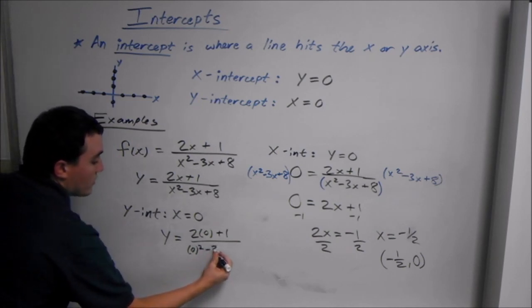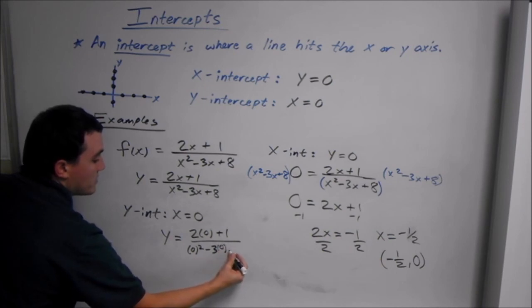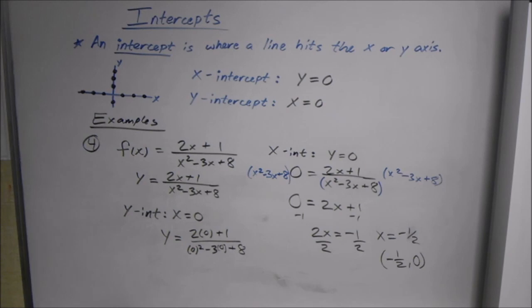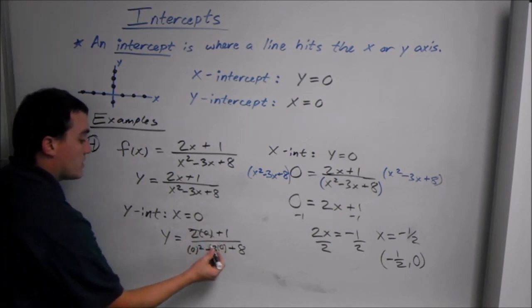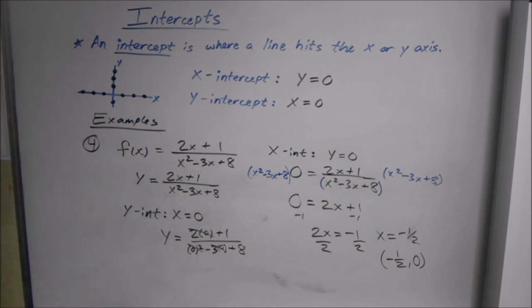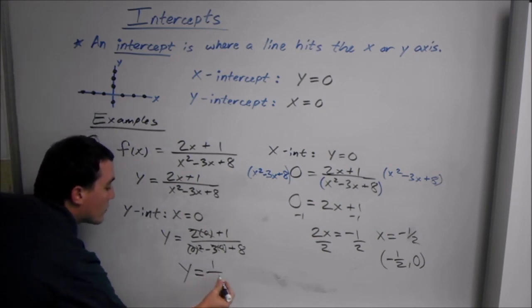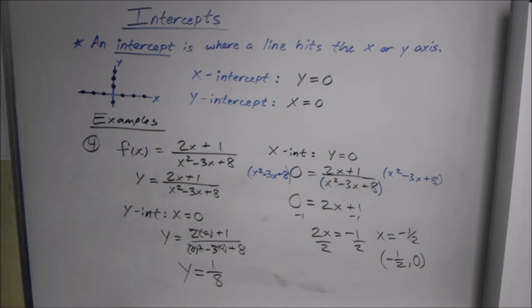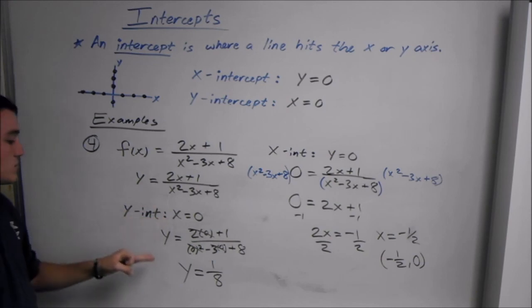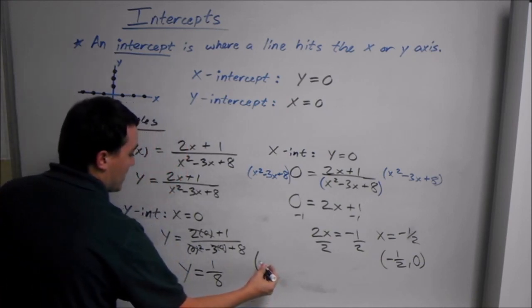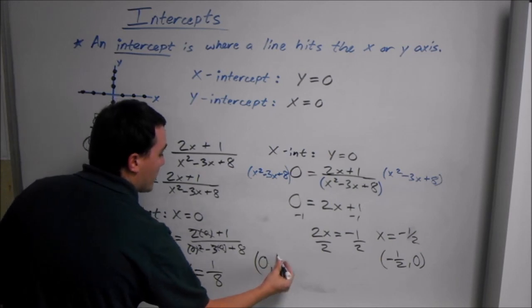So that's going to be 0. Minus 3 times 0 plus 8. Anything with a 0 multiplying with it cancels out. So that's gone, and that's gone. So y equals 1 over 8. Can't simplify that. Irreducible fraction. So that's our answer. X equals 0, y equals 1 over 8. So our y-intercept is 0, 1/8.